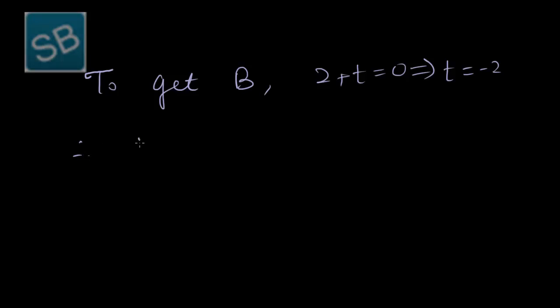Now to get b, put 2 plus t is equal to 0. That gives t is equal to minus 2. Therefore b is equal to 1 over 1 plus t, 1 minus 2, that is minus 1. Therefore b is equal to minus 1.